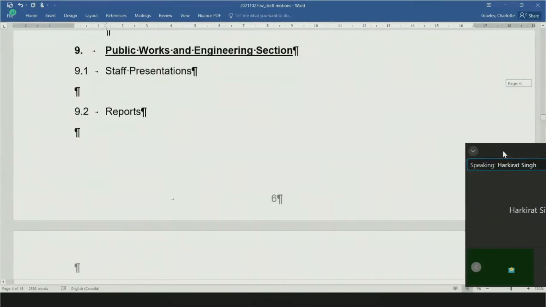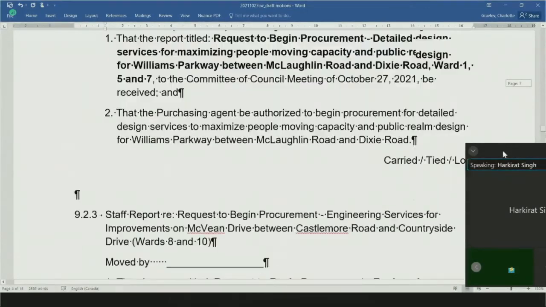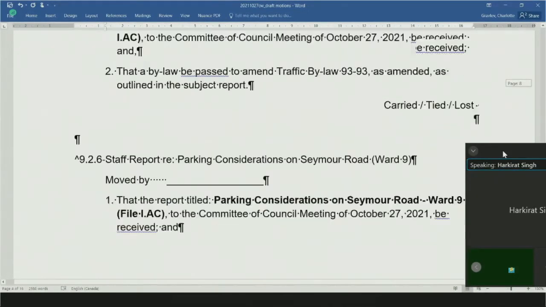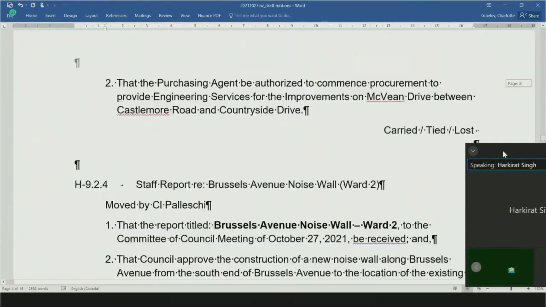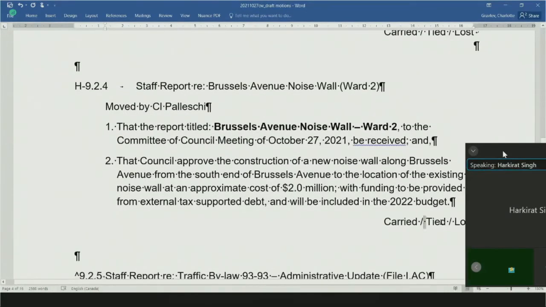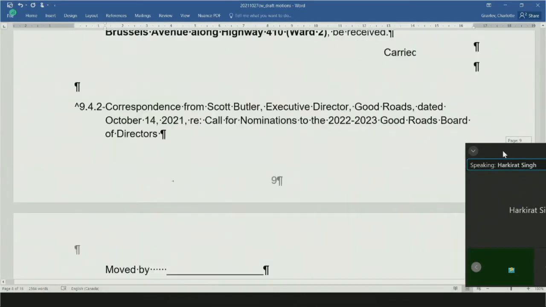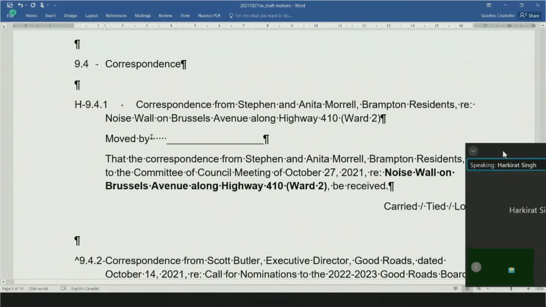Is anybody opposed? Hearing and seeing none, staff report 9.2.4 is moved, and correspondence 9.4.1 is received. Thank you, Councillor Pleshy, and thank you, Councillor Willens, and thank you to all the delegates for coming and taking time out. I know it's been a long journey, but I think we're happy with the results.